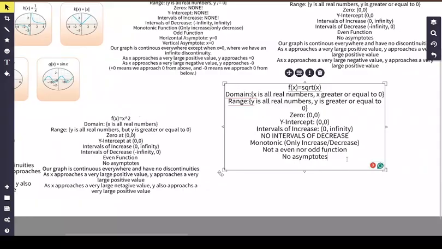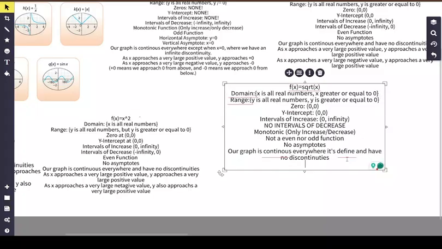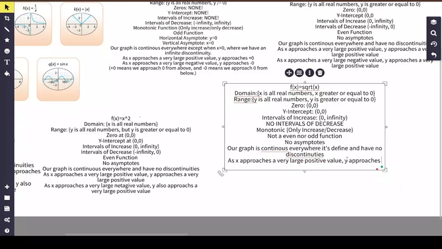Let's talk about the end behaviors. So okay, our graph is continuous everywhere it's defined and has no discontinuities. Alright, as x approaches a very large positive value, y also approaches a very large positive value.